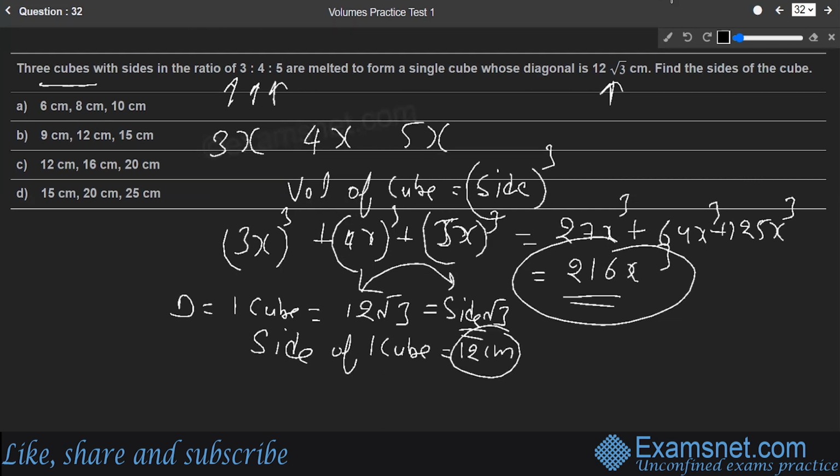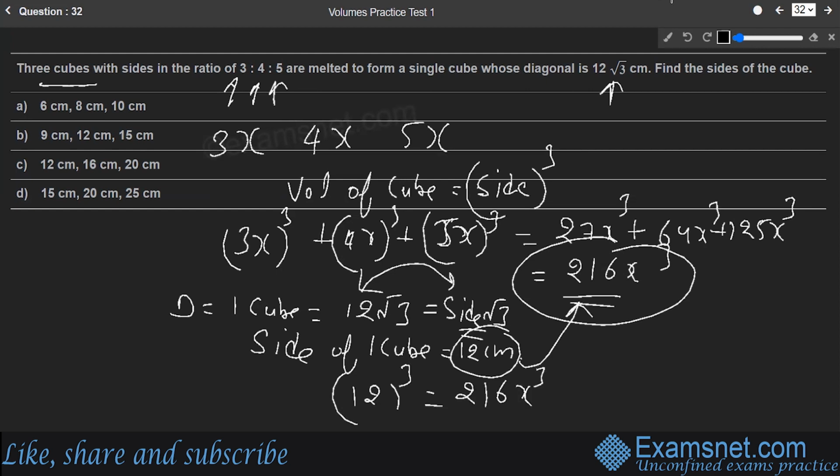Now we need to find the volume of this single cube and make it equal to the volume that we created using x. So the volume of this cube will be simply 12 cube, and this will be equal to 216x cube.